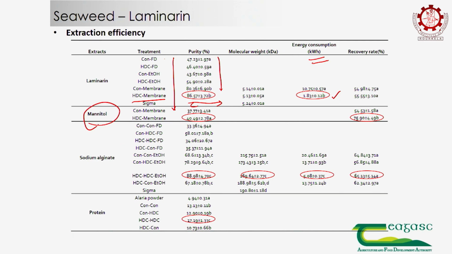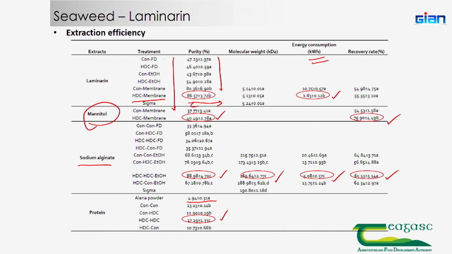Mannitol, that is sugar alcohol, membrane 40% purity, recovery rate 75%; sodium alginate 88% recovery rate, energy consumption and its molecular weight. Protein, how much we recovered, because normal Alaria had only 5% protein, 5 is concentrated to 17, and the rest was fiber in it.